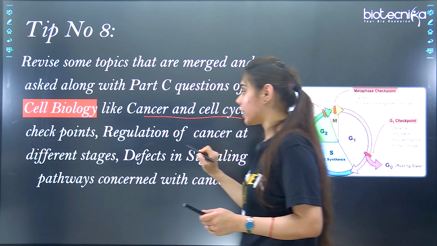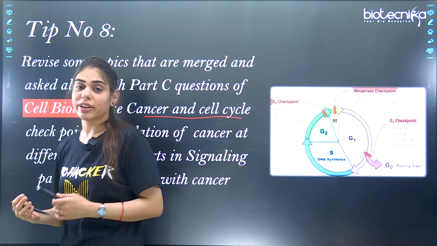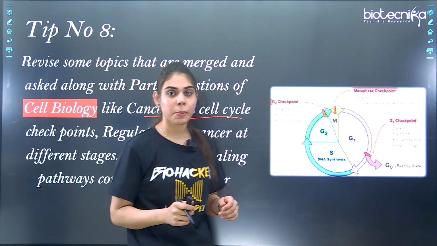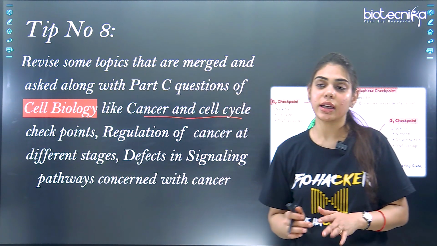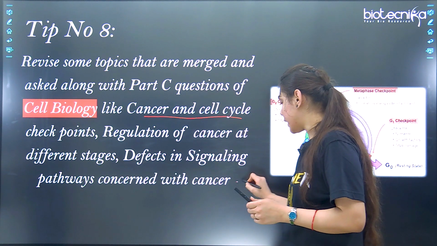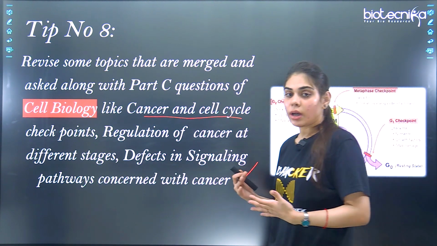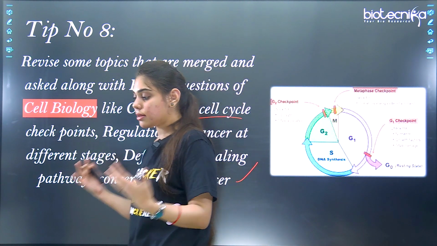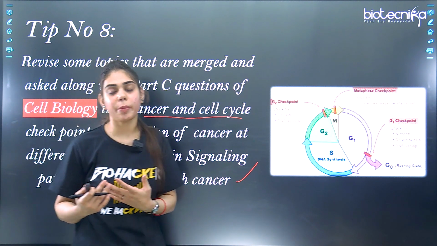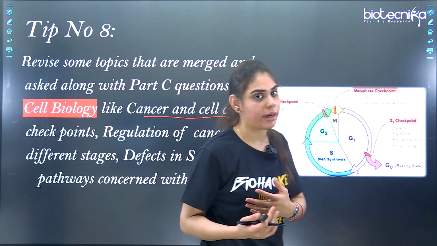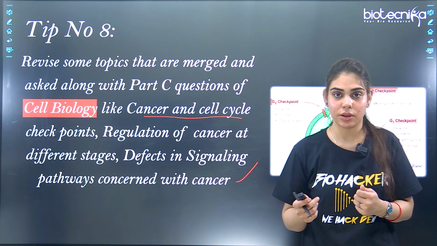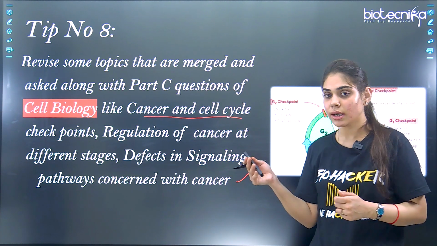What are the different checkpoints? What is the regulation of cancer at different stages? What are the defects in the signaling pathways that lead to cancer? You can study all these topics because they are merged and asked with Unit 2, that is Cell Biology of the CSIR NET Life Sciences syllabus.